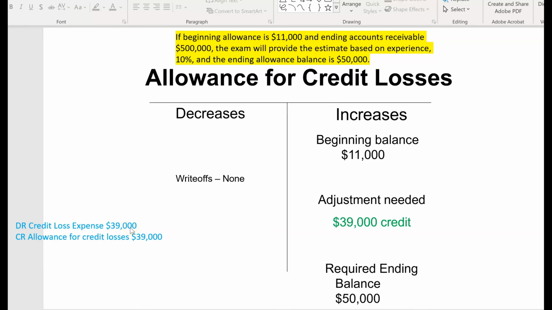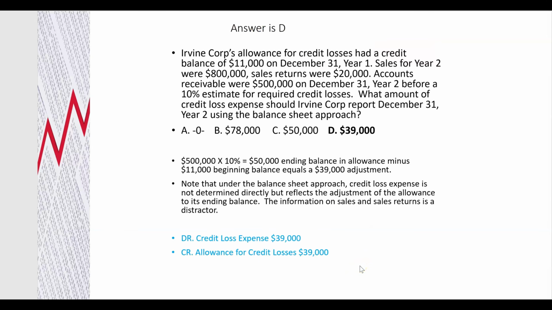So notice we don't determine credit loss expense directly. Instead, it becomes the adjustment going from your beginning balance to your ending balance of allowance for credit losses. And that happens to be choice D. Note under the balance sheet approach, credit loss expense is not determined directly, but reflects the adjustment of the allowance from its beginning to its ending balance.